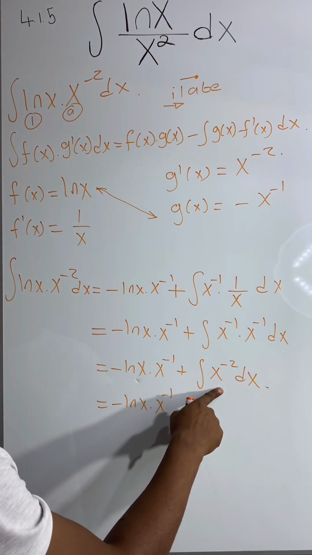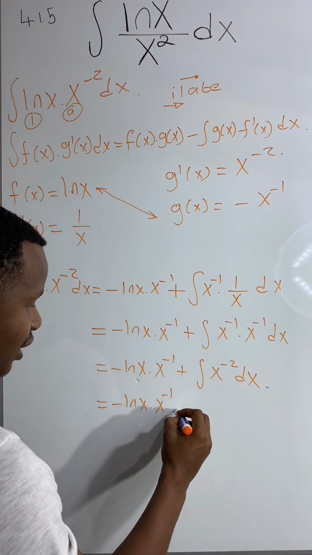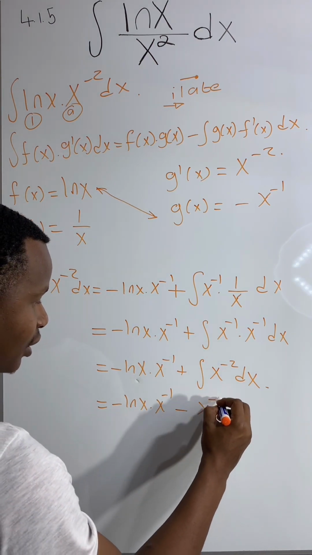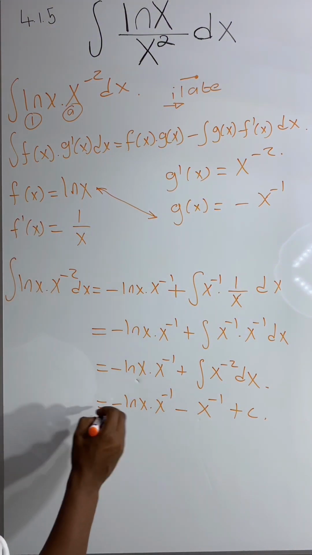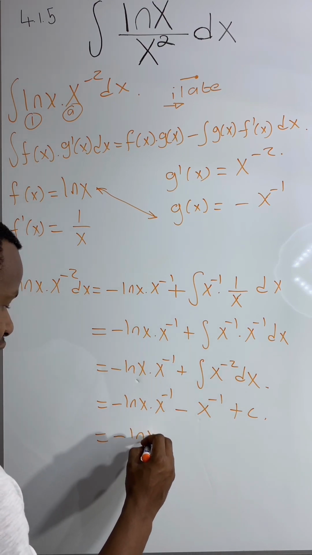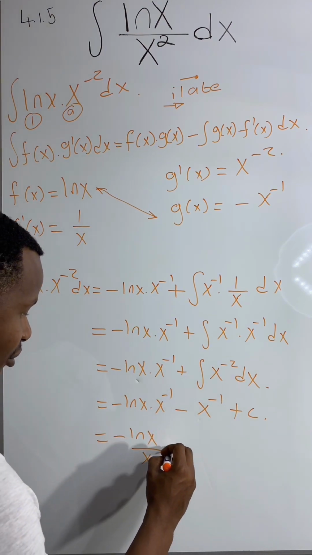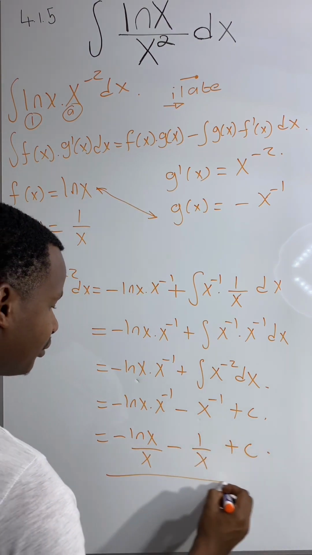We can integrate x to the power -2, and when we integrate x to the power -2, we get negative x to the power -1 plus c. So writing our answer without the negative exponents, we get negative ln of x over x minus 1 over x plus c.